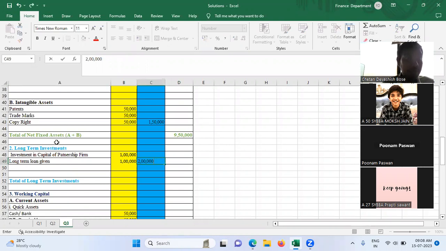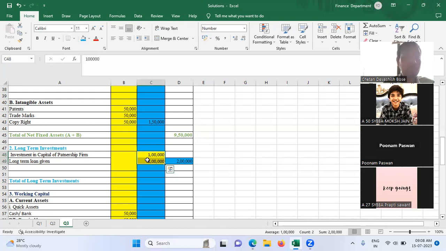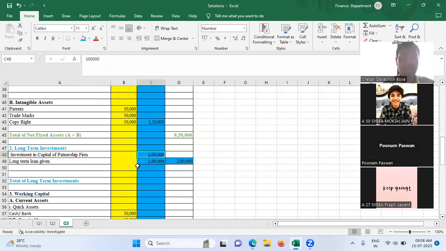Okay, but remember, this is broad heading, long-term investment. मतलब ये 2 lakh कहाँ होना चाहिए था? It should not be here. It should be here. Okay. Next, ये कहाँ होना चाहिए था? It should be in the second. This is what we are doing from the beginning for all the long-term investment. क्योंकि इसमें अंदर लिखने की कोई जरूरत ही नहीं है.